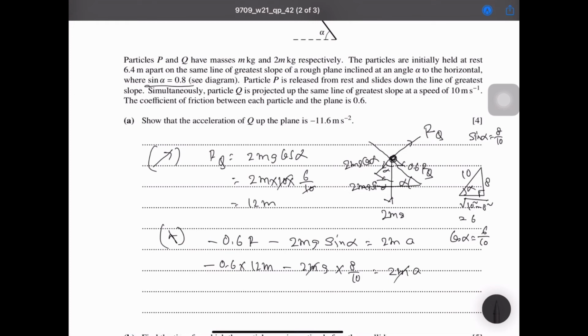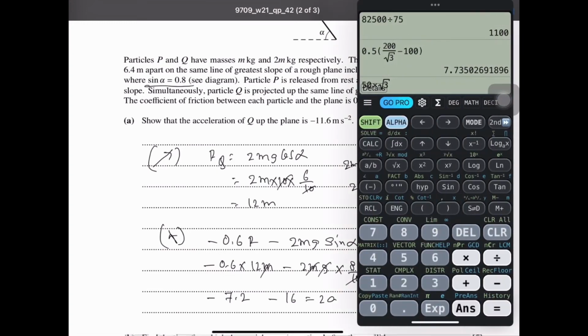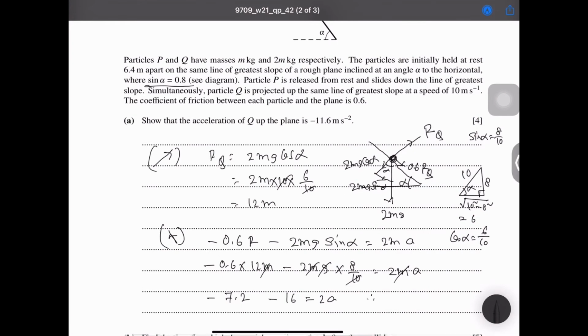Cancel m, and g is 10. 0.6 times 12 is 7.2, minus 16, equals 2a. Now let me use the calculator: minus 7.2 minus 16, divided by 2. So the acceleration is minus 11.6. Therefore, the acceleration is minus 11.6.